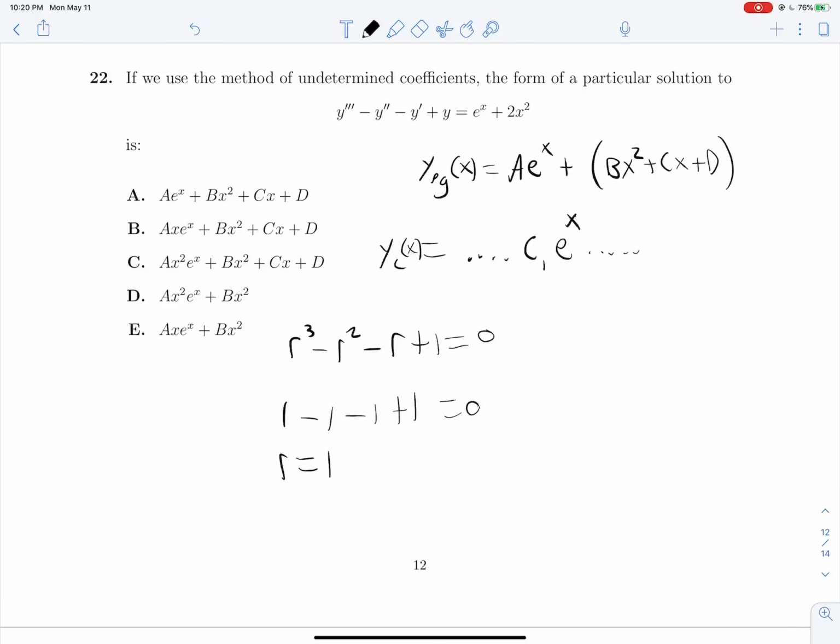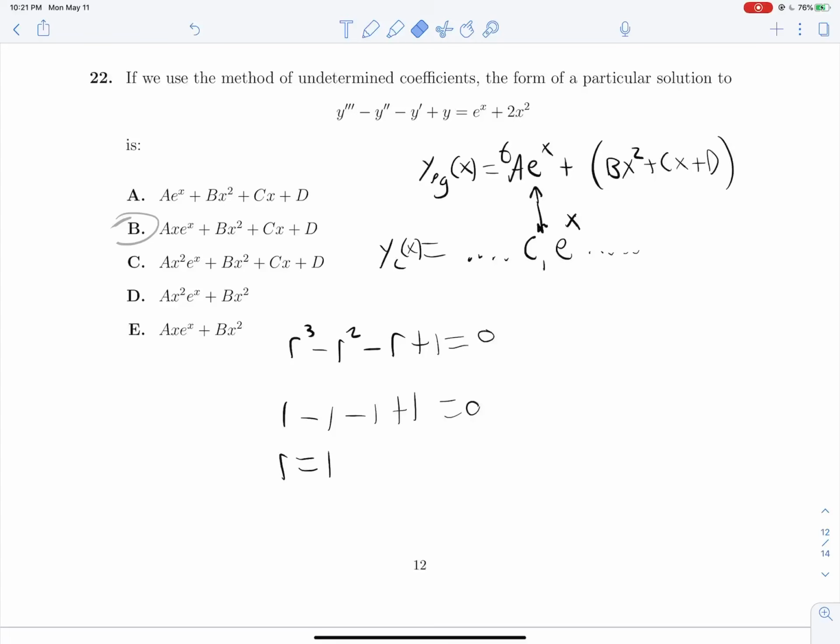But in the end, we have overlap. We have some constant times e to the x in both of these. So we will need to multiply this one in our guess by x, and that will give us our solution, which is b for 22.